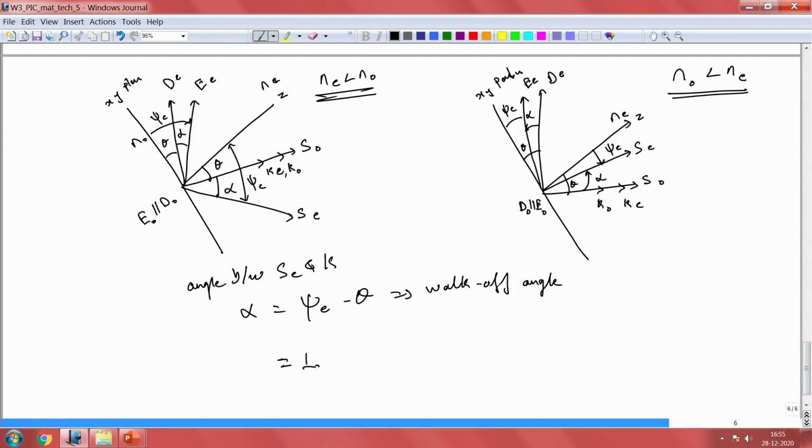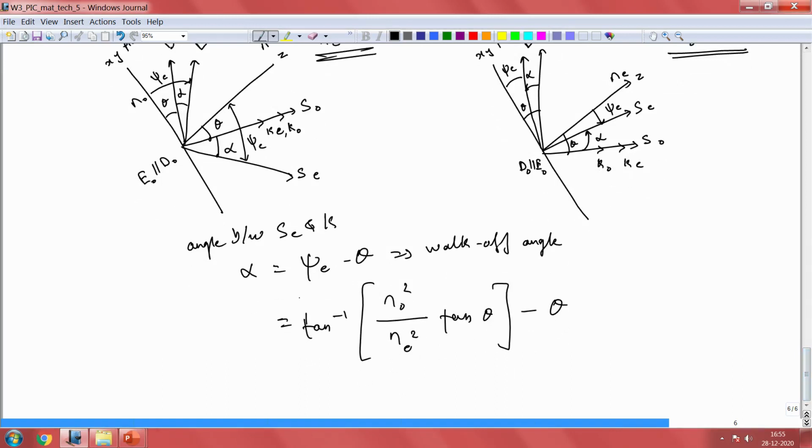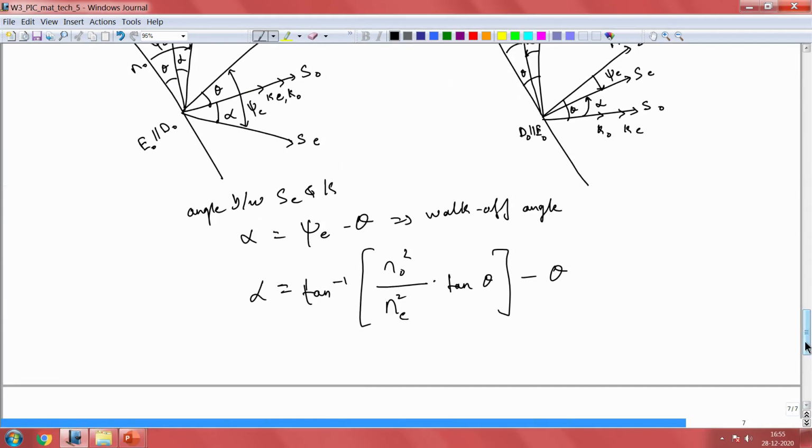It is tan inverse of n naught squared over n e squared times tan theta, minus theta. Your psi e is nothing but tan inverse of n naught squared over n e squared times tan theta. So this should give us how far the spatial walkoff will be.